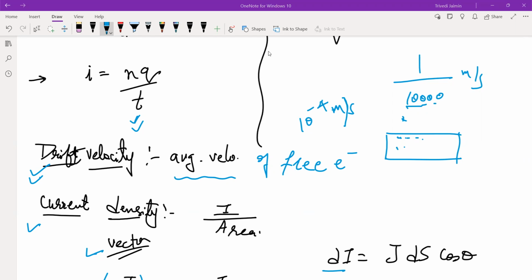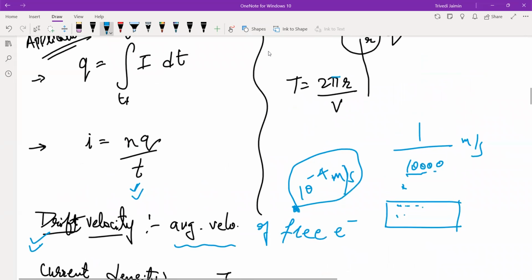See, when we are saying drift velocity is 10 to the power minus 4 meter per second, it is very small. But now, if I give you an example: I'm paying 0.01 rupees to each person in our country, and we have more than 1 billion people.